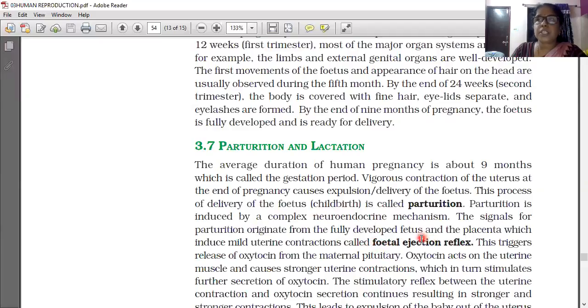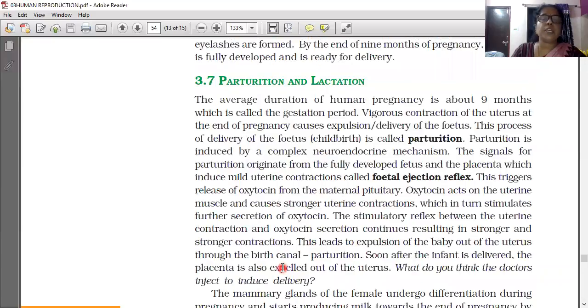This triggers the release of oxytocin from the maternal pituitary gland. Oxytocin acts on the uterine wall and causes stronger and stronger uterine contractions that help the baby to expel out.